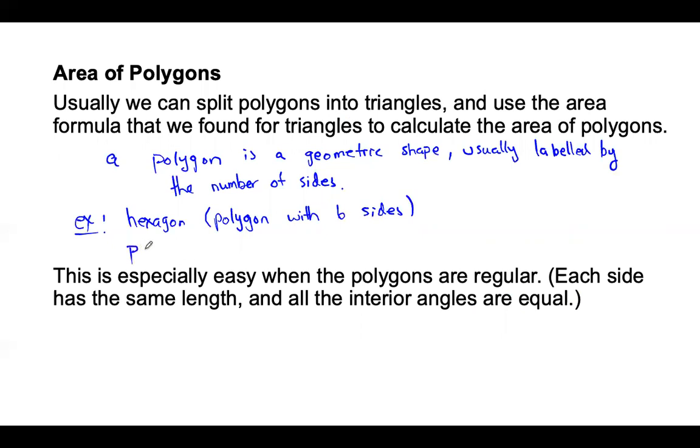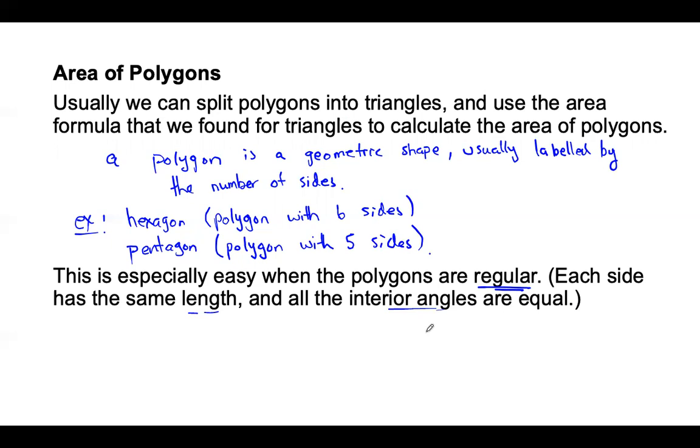And then a pentagon has 5 sides. Polygons are called regular if each side has the same length and all the interior angles are equal.